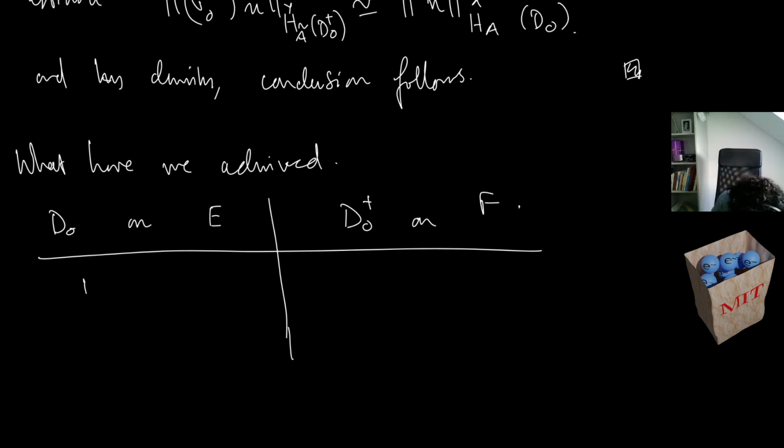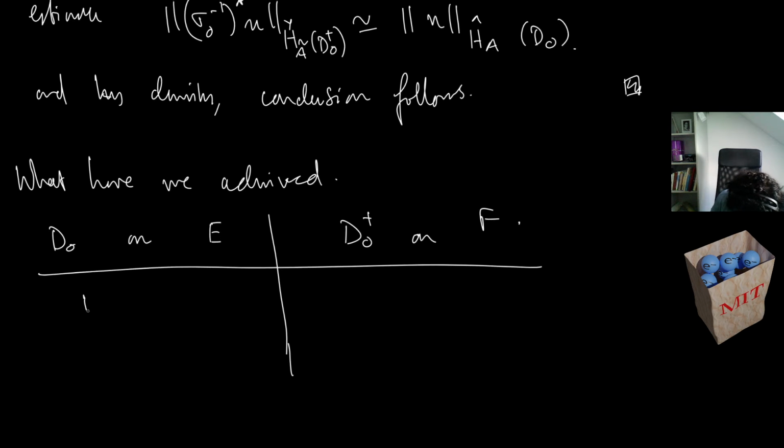We have a space H check A of D naught that describes the maximal domain. And here we have H check A tilde of D naught perp, which describes the maximal domain of the formal adjoint.